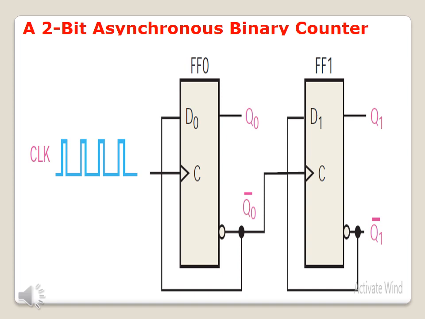In this case we will take the T flip-flop. For a 2-bit counter we have to take 2 flip-flops, each with T as the input.